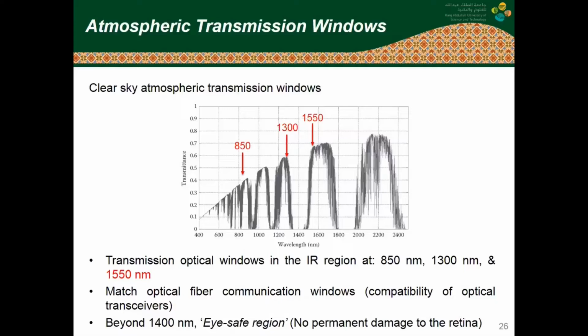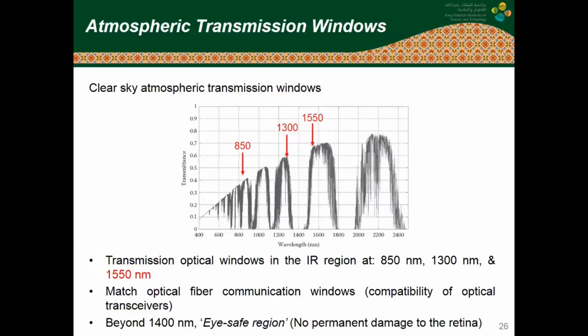So obviously, as you propagate in the atmosphere, there are some preferred bands over which attenuation is minimal. These windows happen to be around 850 nanometer, 1300 nanometer, and 1550 nanometer.